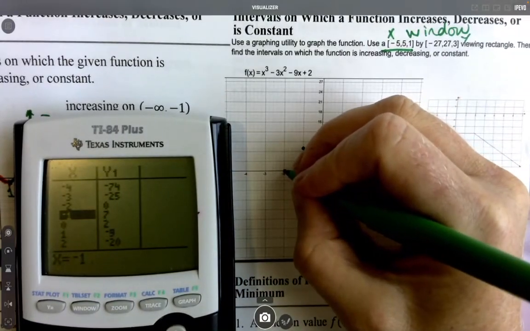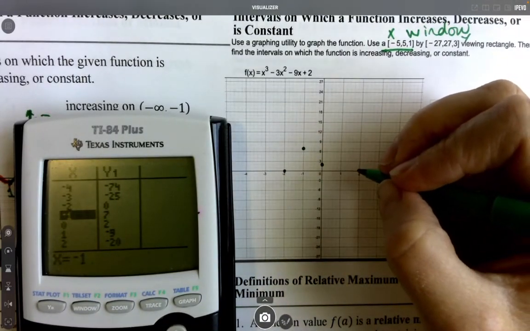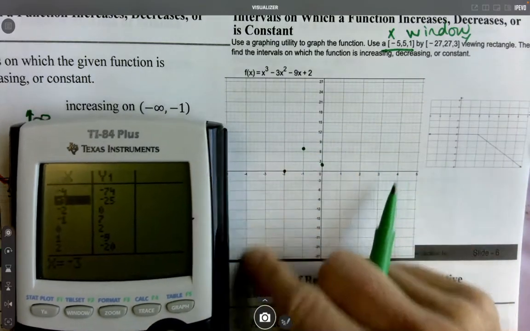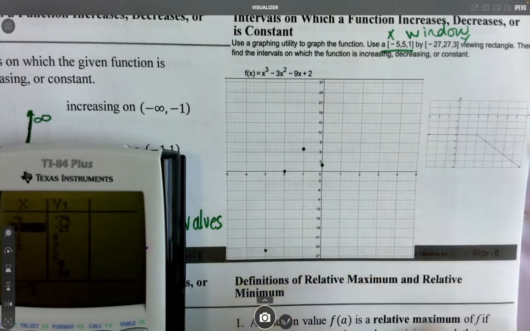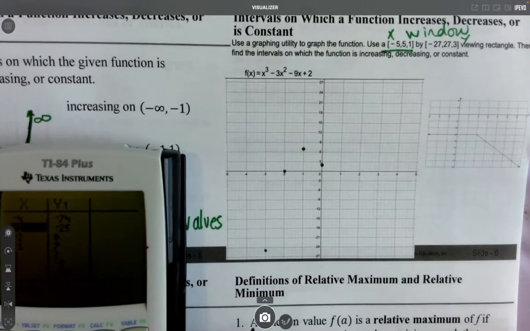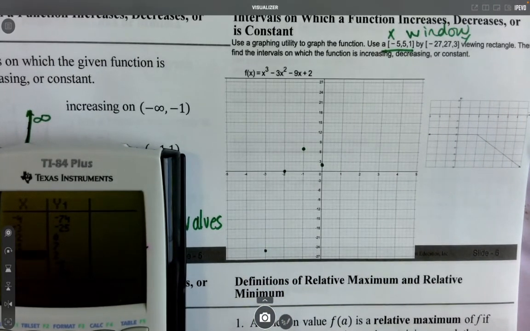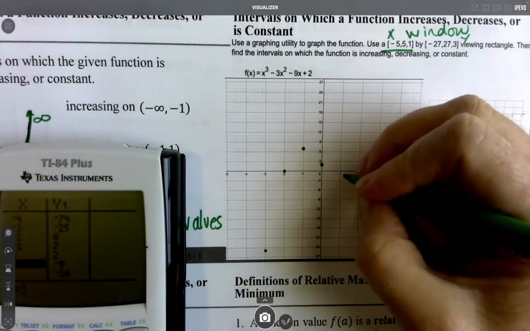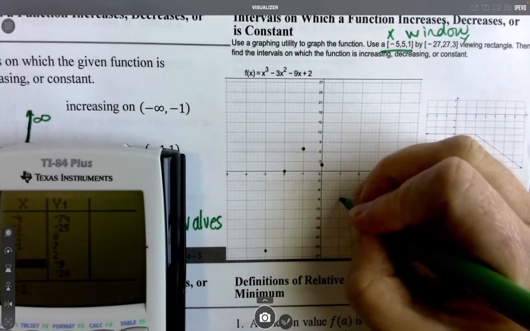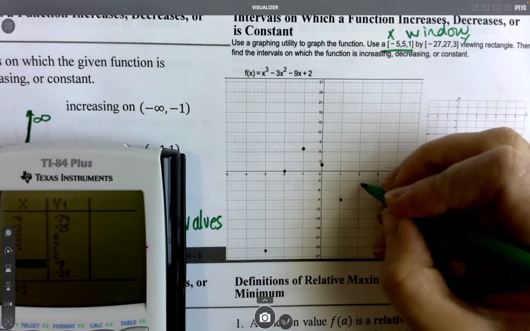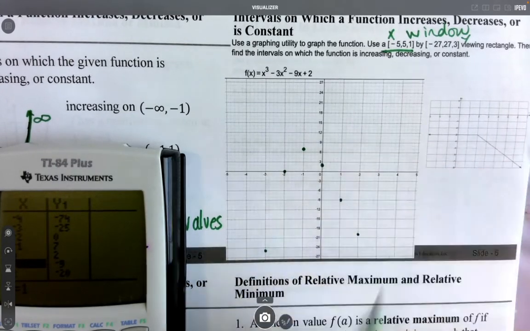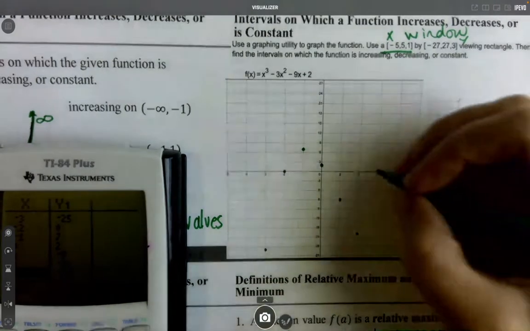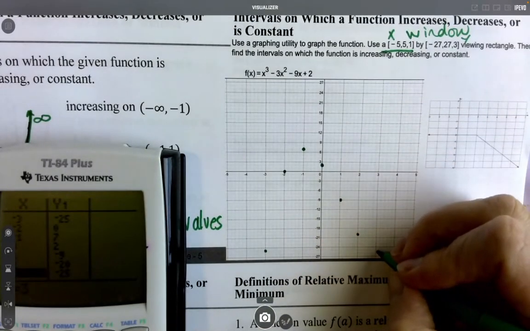Well, I can go ahead and get a couple of points anyway. -2, 0. -3, -25. And then I have 1, -9. 2, -20. 3, -25.